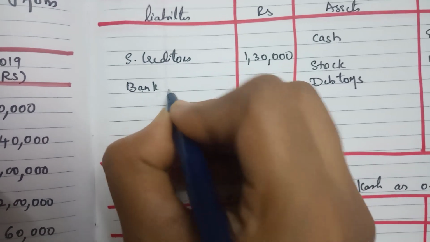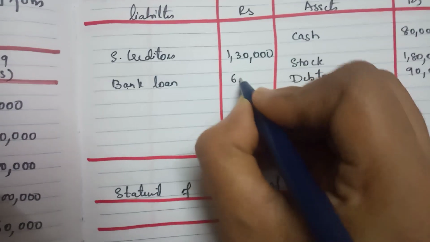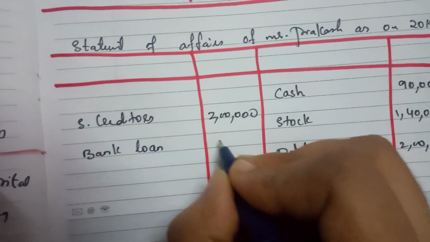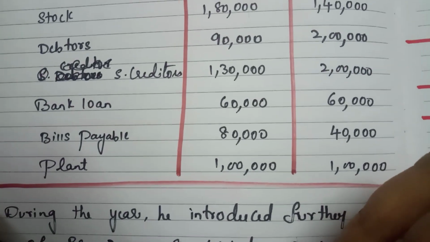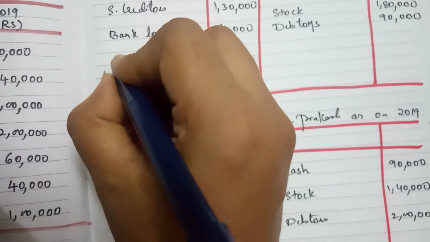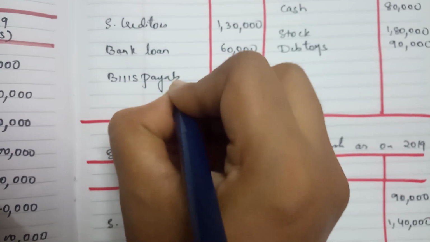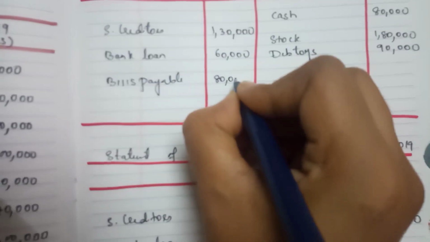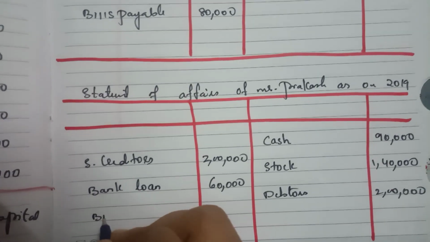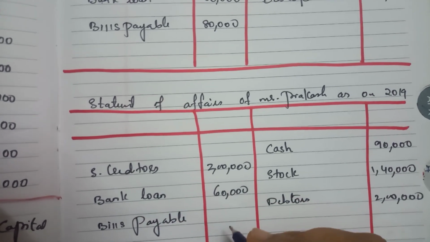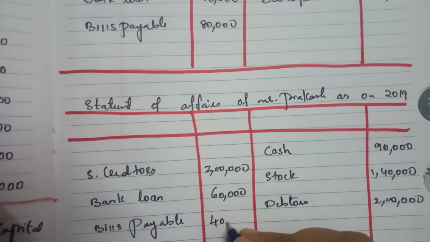So bank loan 60,000. Here bank loan 60,000. Okay. And next bills payable. It's a liability. 80,000, and here 40,000.